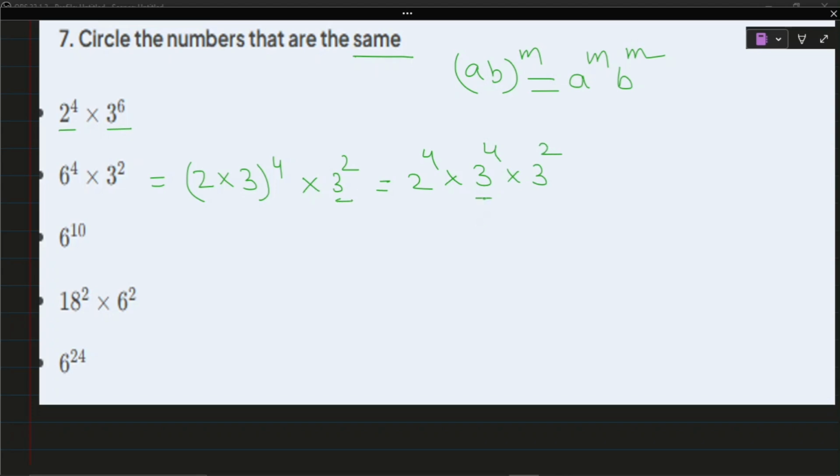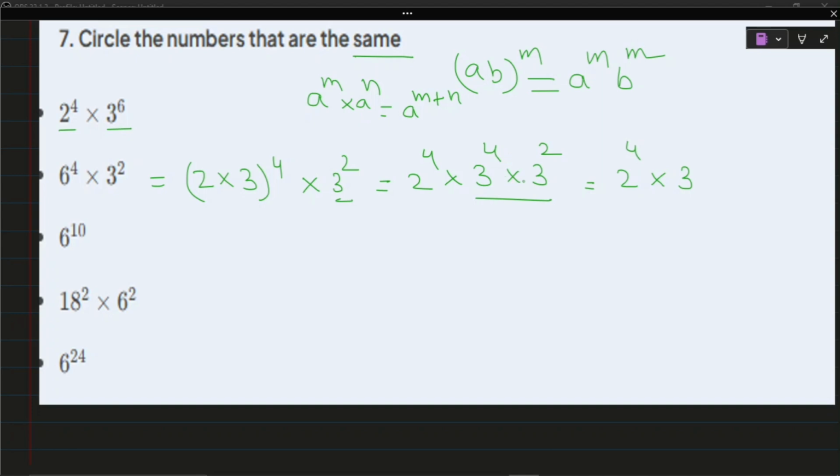Now here we will apply the exponential law, a raised to m multiplied with a raised to n, that is a raised to m plus n. So here this answer becomes 2 raised to 4 multiplied with 3 raised to 4 plus 2.